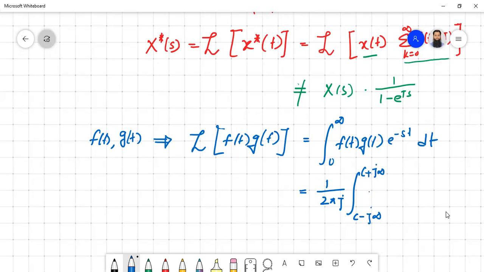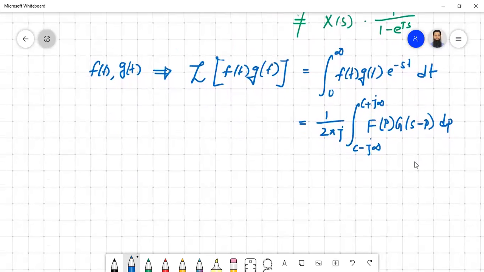Actually, it is an integration over a line ranging from minus infinity to plus infinity with some shift from our imaginary axis. C is basically that shift, so this line is parallel to our imaginary axis. It is F(p) G(s minus p) dp. So there are two parameters: s is the one we usually know, and p is another parameter, in the transformed p plane.